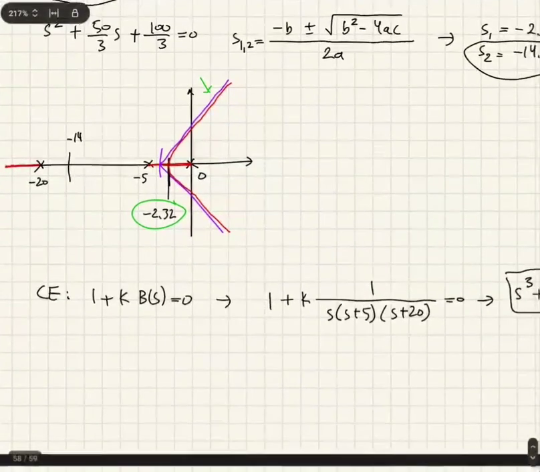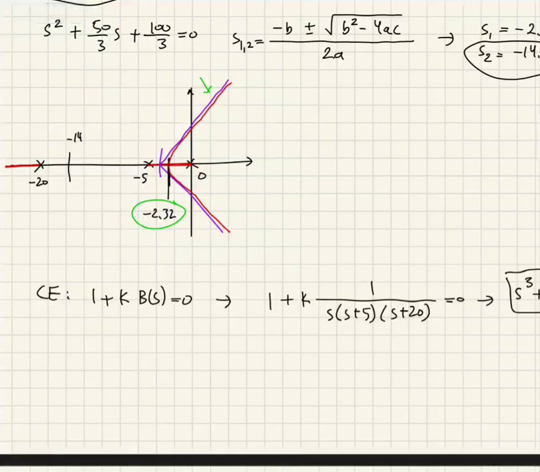So far you have a rough idea of your root locus, and you can see here that it crosses the imaginary axis, as we said that this is the imaginary axis and this is the real axis. So it crosses the imaginary axis. We have to find where it crosses the imaginary axis. What is that point that crosses the imaginary axis?